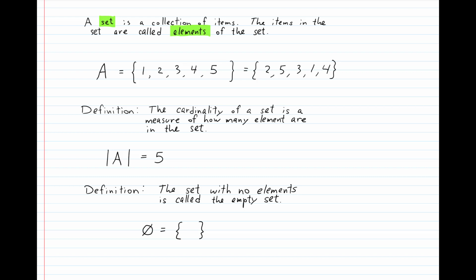So in set theory, the words set and element are considered undefined. They're just common notions that we agree upon the meaning, but we don't actually say definition, okay? All right, and then we defined cardinality, we defined empty set.